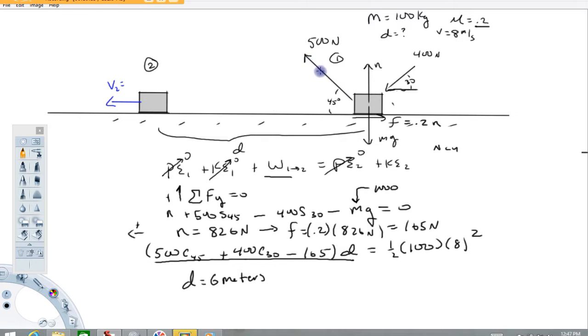We are taking the x component of this force because that's in the direction of motion, the x component of this force also in the direction of motion. This force really only has an x component. It's in the opposite direction of the motion, hence the minus sign. And then times distance equals 1/2 mv squared. So again, the purpose of this video is to demonstrate how to use the work energy theorem in a situation where we had multiple forces in the plane.